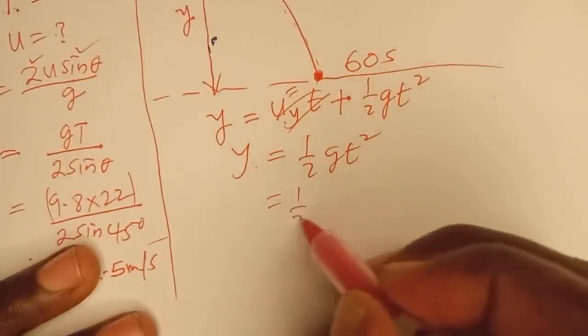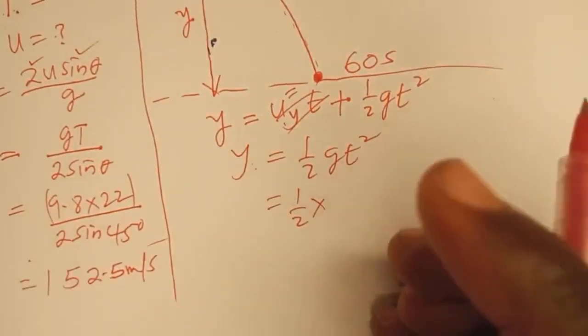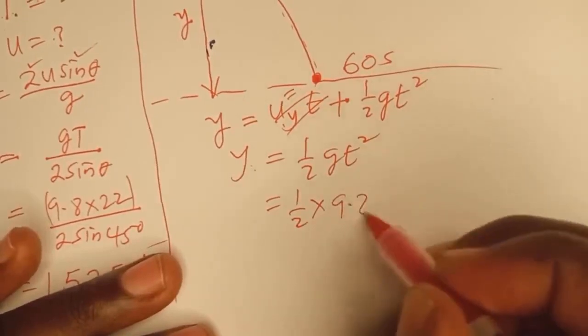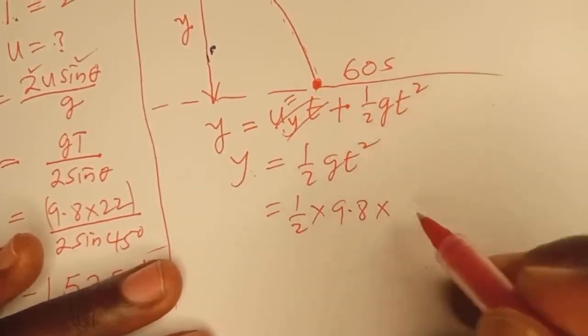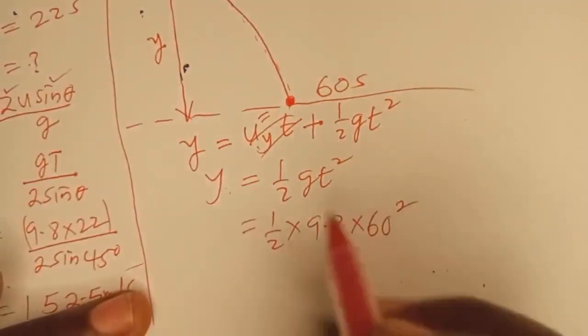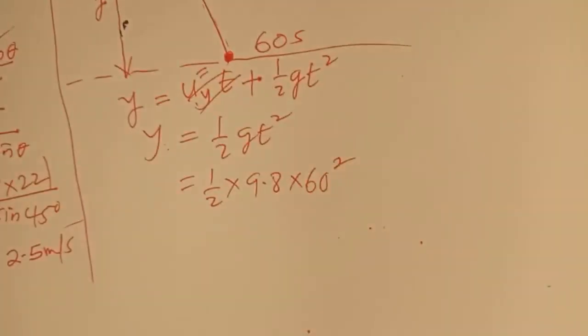This is equal to half times our g, which is 9.8, times our time, they say after 60 seconds, so 60, and the time is squared. So we now take our calculator.